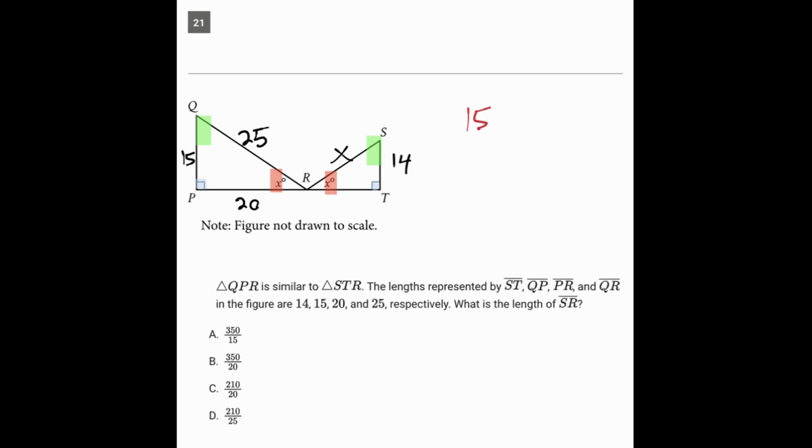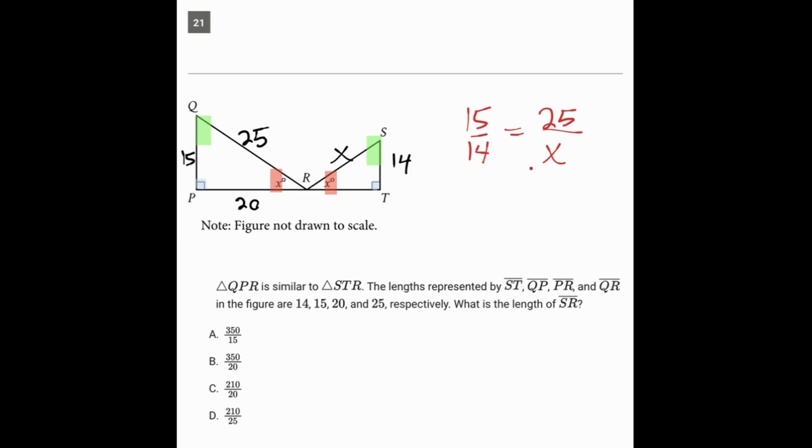So if we say 15 over 14, we're getting the big triangle over the little triangle, and we're getting the two sides that are between green and blue angles. So 15 over 14 would equal 25 over X, because we've got big triangle over small triangle, and we've got the sides that go from green to red.